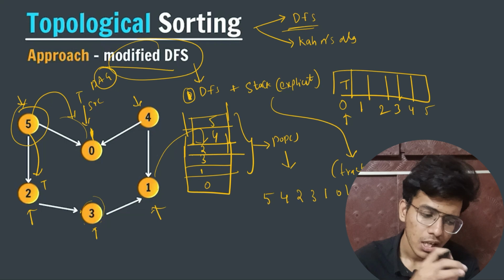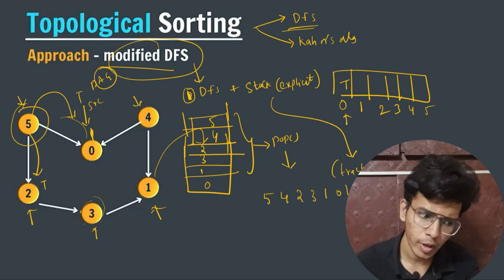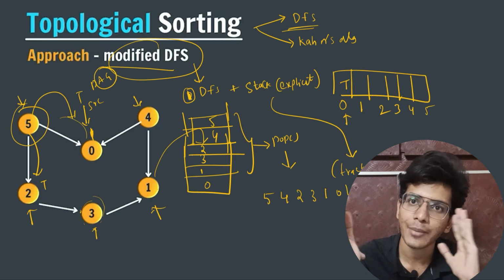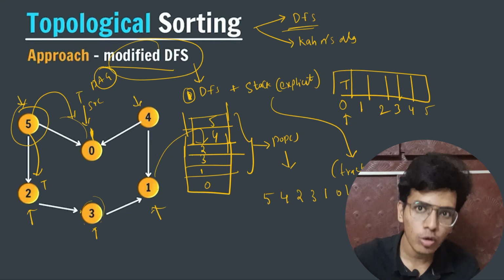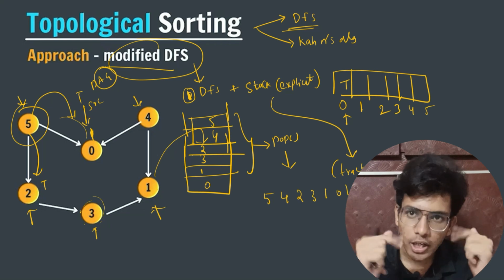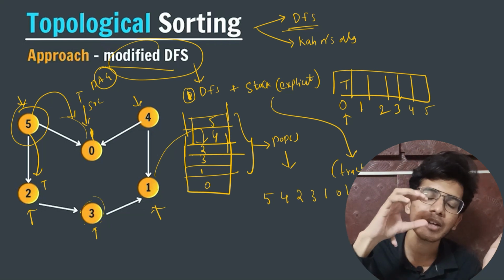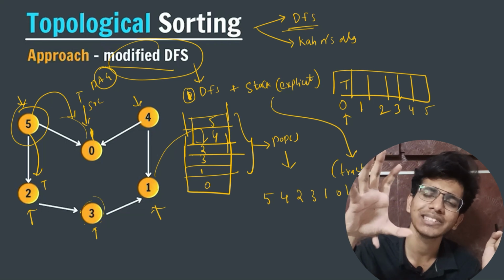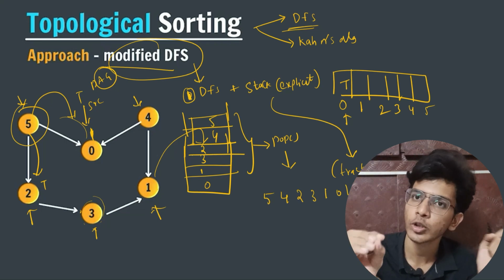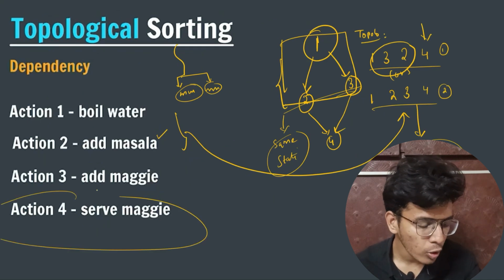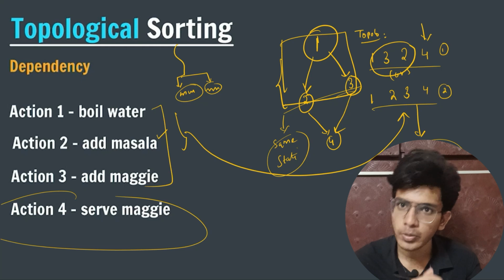So I am adding 0 into my stack first, because in order to go to 0, 5 and 4 should be completed. So I am adding the element which has the highest dependency first into my stack. Here you can see that in order to go to step 4, all 3 steps should be completed.